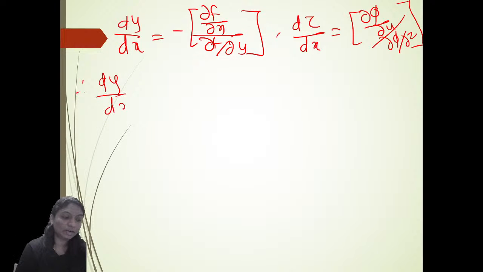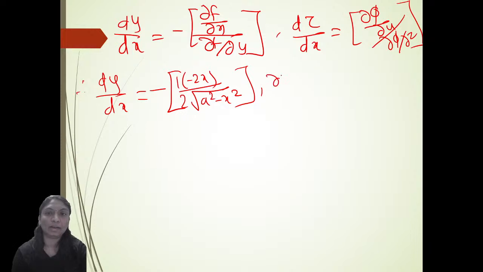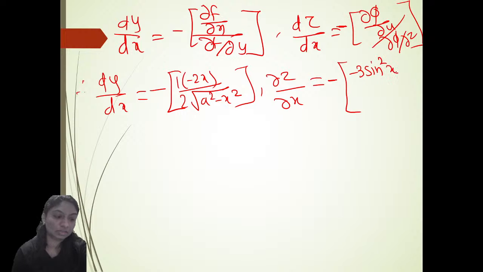Therefore dy by dx is equal to minus of ∂f/∂x, which is minus 2x upon 2 root of a square minus x square, upon ∂f/∂y, which is 1. And dz by dx is minus ∂phi/∂x, so minus of minus 3 sine square x into cos x upon 1.